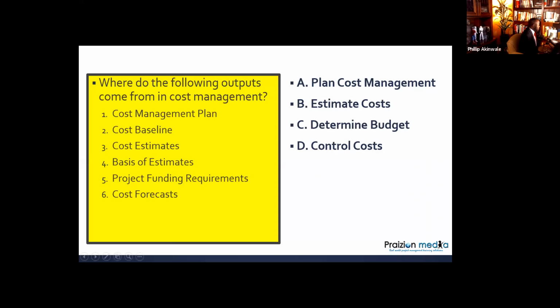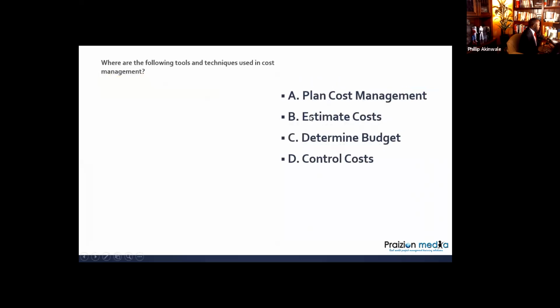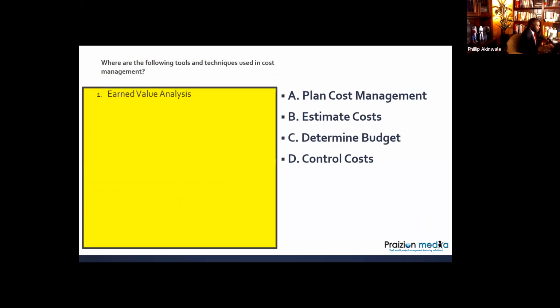Are you ready? Let's go. Where are the following tools and techniques used in cost management? If it is A, B, C, or D, choose it in the poll. Here we go. The first one, earned value analysis. Where do we use that?